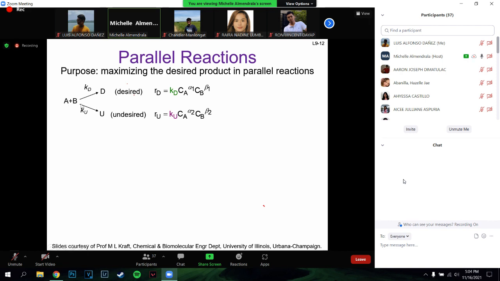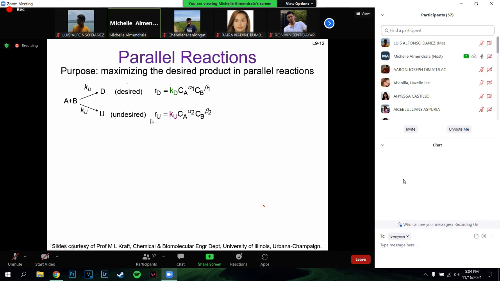That's not correct, because we're talking of non-elementary reactions here, where the powers of your reactants A and B concentrations are not dependent on the coefficients. So you have to know the order of your reaction with respect to each reactant.